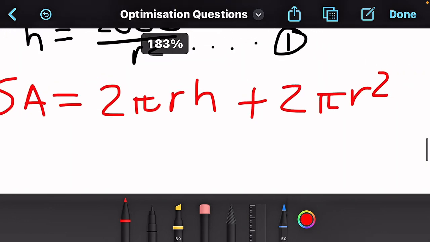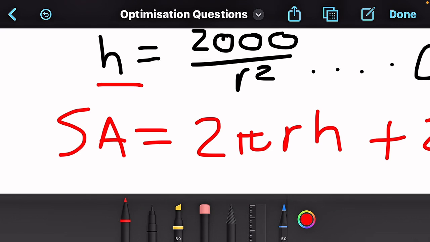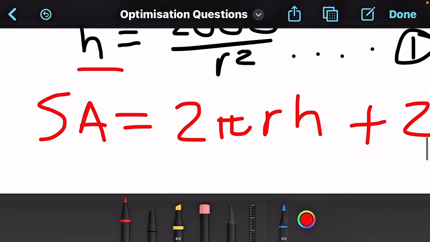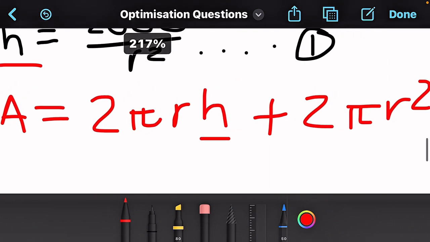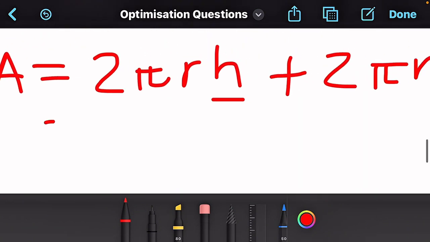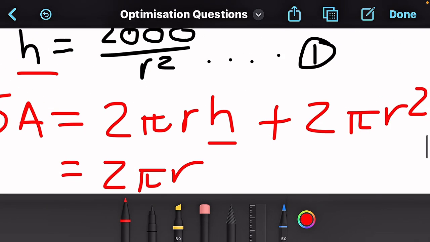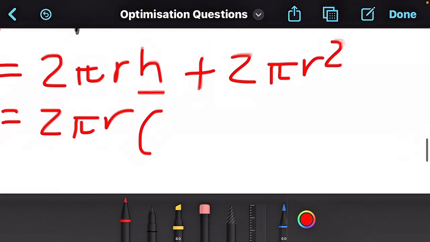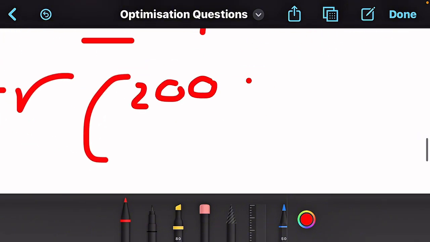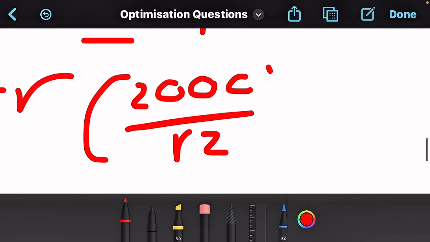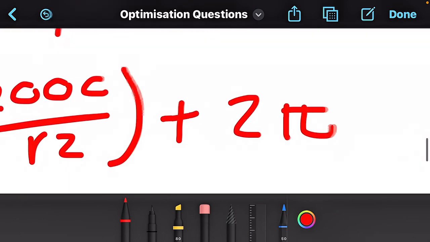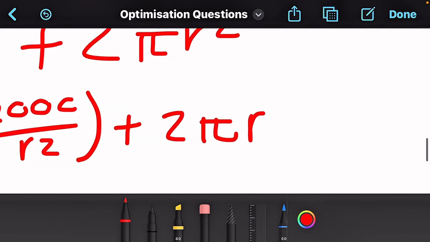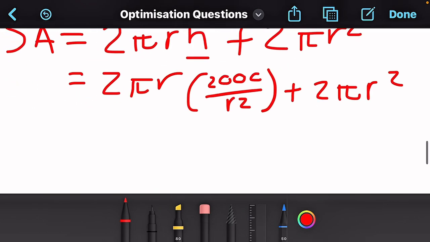So since we have the value of h, we can substitute this h into the surface area formula. So that will be equal to 2 pi r multiplied by 2000 over r squared, plus 2 pi r squared.